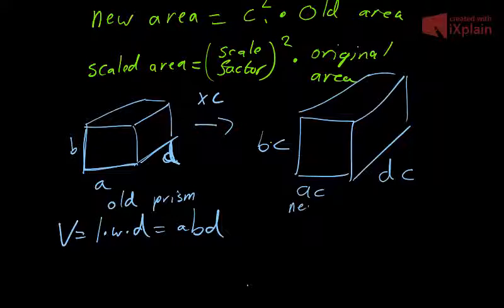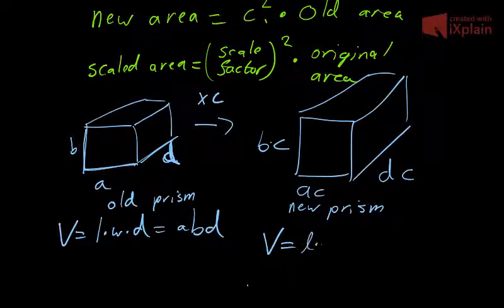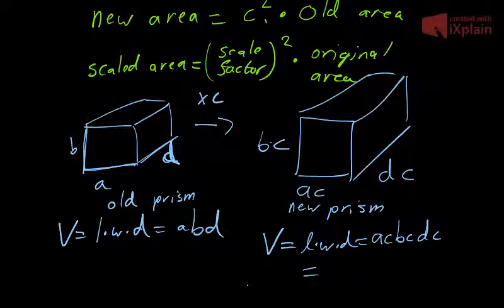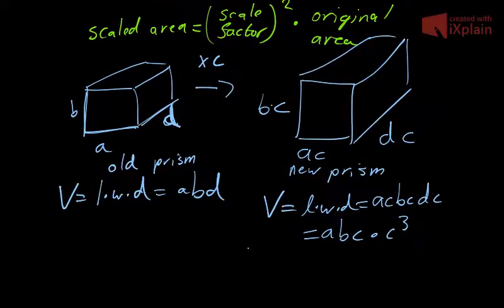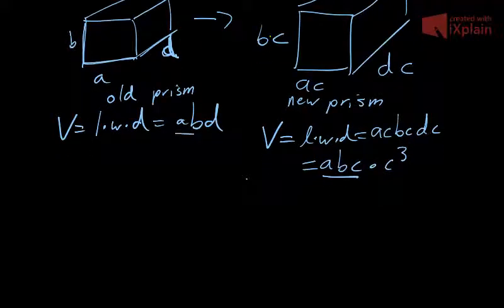So for the new prism, I can say that my volume is equal to the length times the width times the depth, which now is going to be AC, BC, DC. And if I want to put all those C's together, it would be ABD times C cubed. So again, I see the same thing for volume, just with something multiplied on.